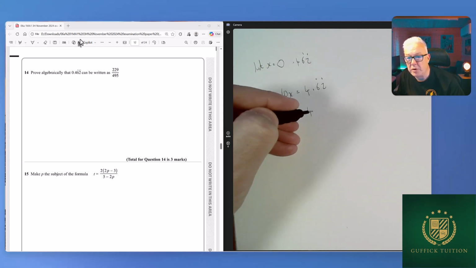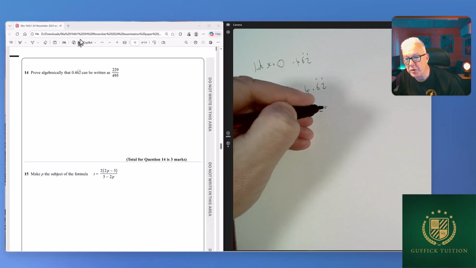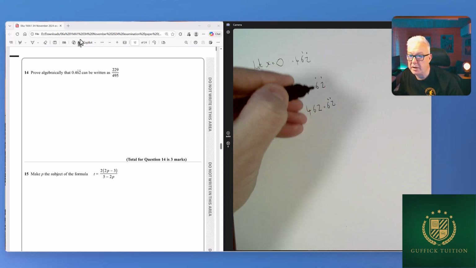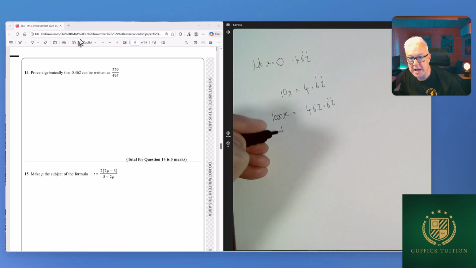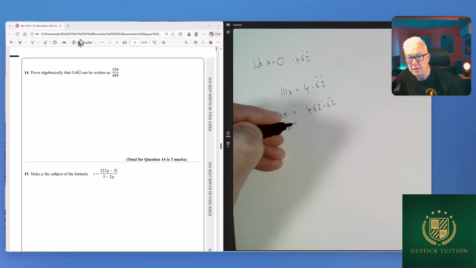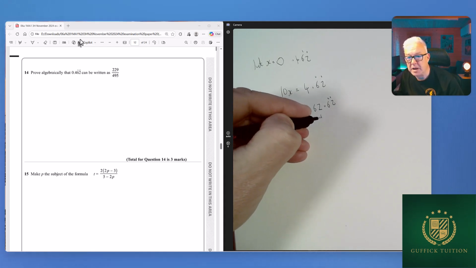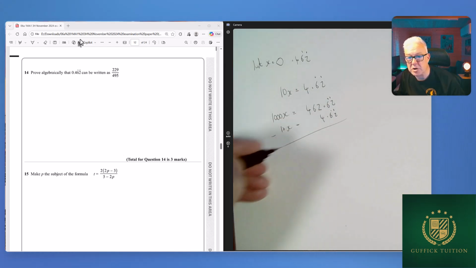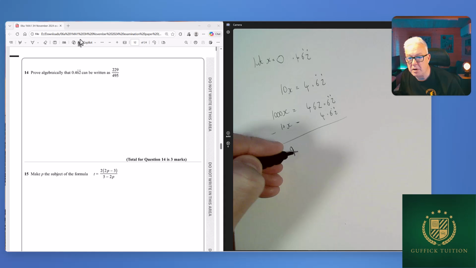So that'll be 462.62 recurring. So now these are lined up with the 62 recurring, so we can take away our 10x from this. So that's going to be 4.62 recurring, and we're going to subtract those.